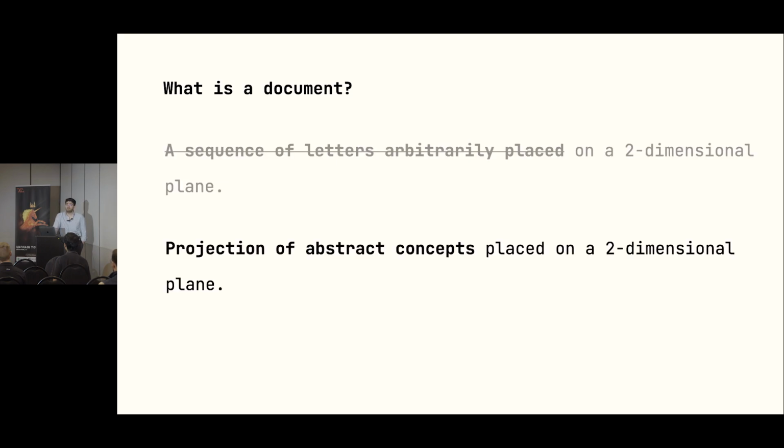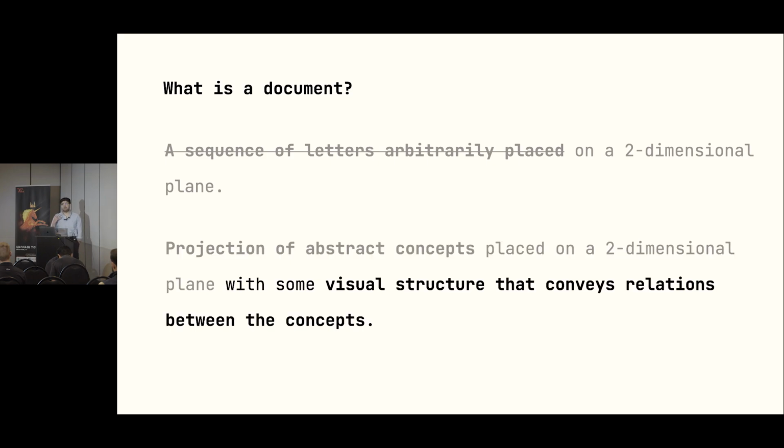So the model that I like to think of is a document is a projection of abstract concepts placed on a two-dimensional plane, where some visual structure conveys the relations between the concepts that you're trying to tell the user, tell the reader.